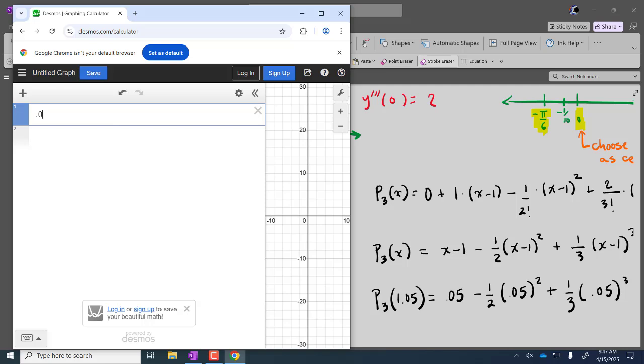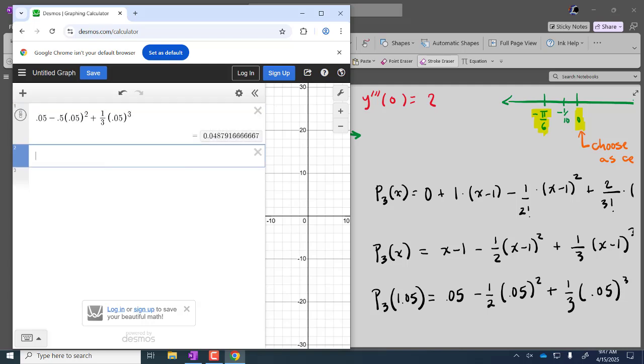So 0.05 minus 0.5 times 0.05 squared, plus 1/3 times 0.05 cubed.